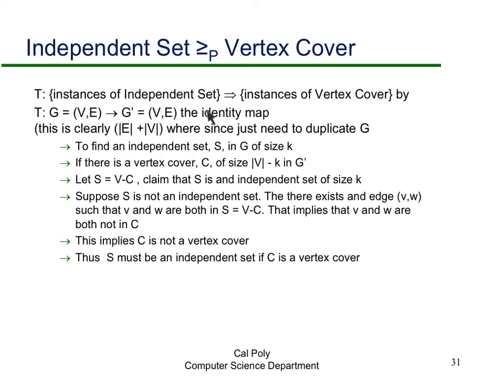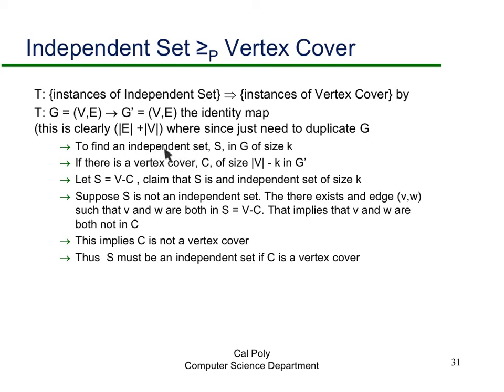And that mapping is just the identity map. So all we do is make a copy of the graph. That's clearly big O of the cardinality of the edges plus the cardinality of the vertices time.